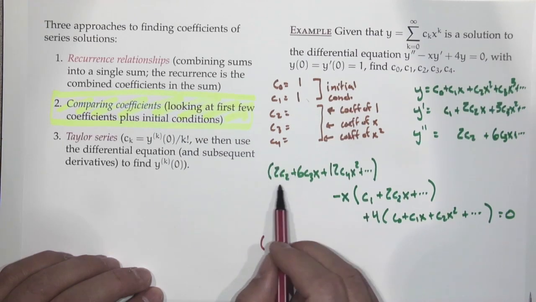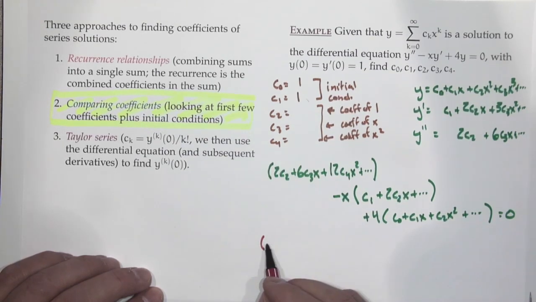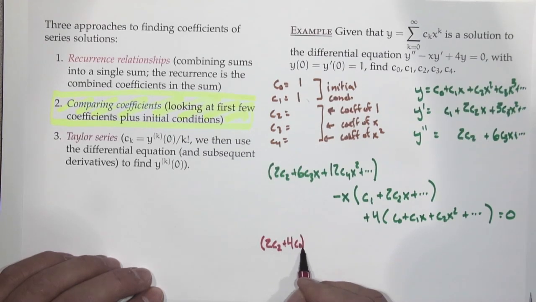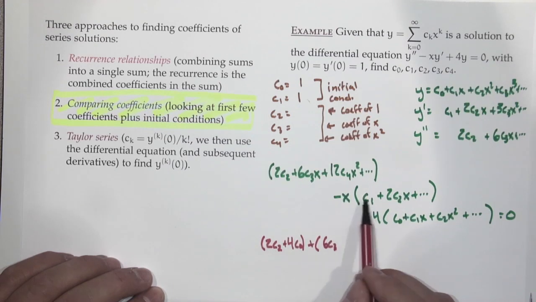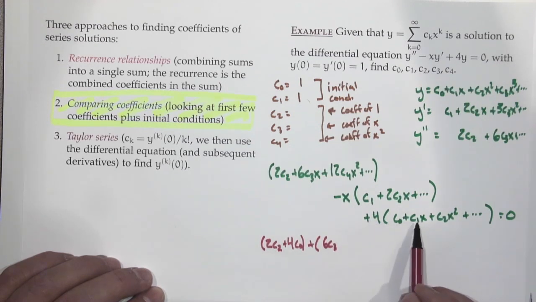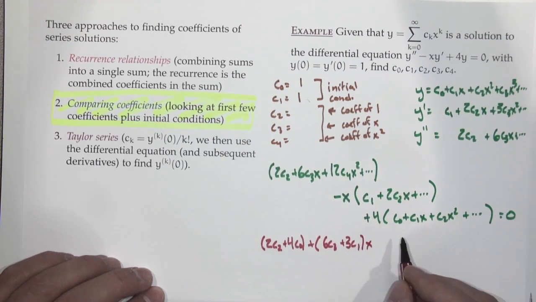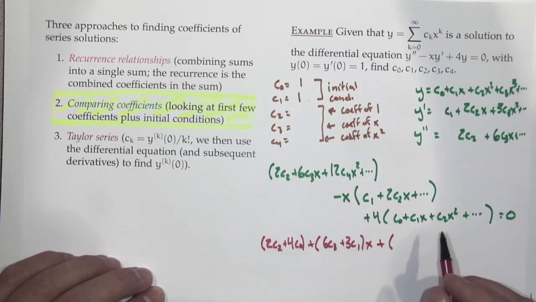I'll give you a hint, I'm pointing to the first one: 2c2. Anything else? 4c0. Okay, what does our coefficient of x look like? 6c3 minus c1 plus 4c1, so minus c1 plus 4c1 combine to plus 3c1 x. Plus, for x squared, we have 12c4. And then what else?